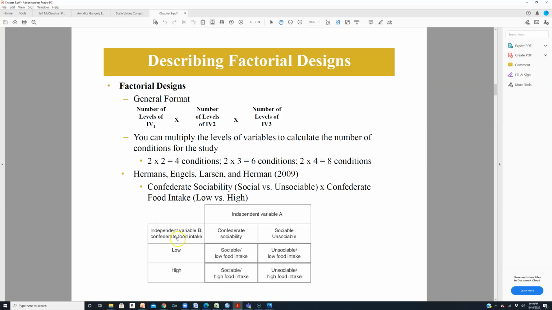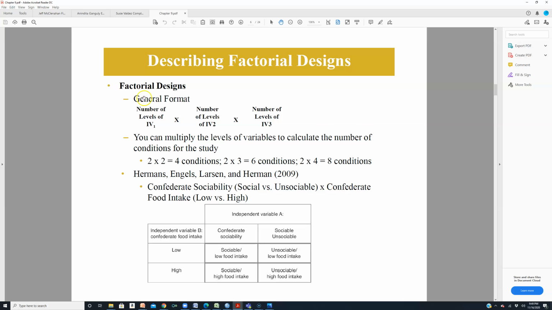So if I have 3 IVs and it's a 2 by 2 by 2, I can multiply 2 times 2 is 4, times 2 is 8, and a 2 by 2 by 2 design results in an 8-cell matrix. If it's a 2 by 2 by 3, that's 2 times 2 is 4, times 3 is 12, so a 2 by 2 by 3 results in a 12-cell matrix, okay?